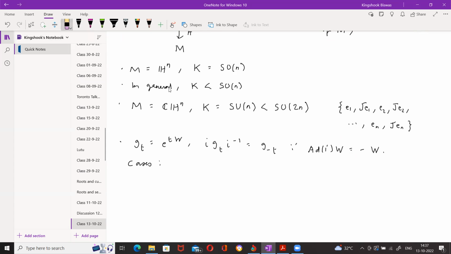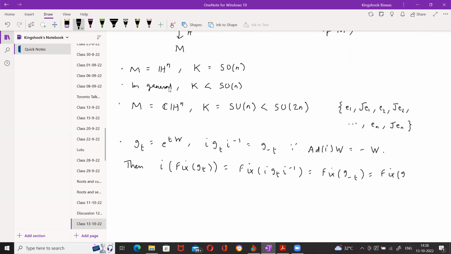Note what happens then. i sends the fixed points of g_t to the fixed points of the conjugate i g_t i inverse, which is the same as the fixed points of g_{-t}. And g_{-t} is just the inverse of g_t, so it has the same fixed points as g_t.